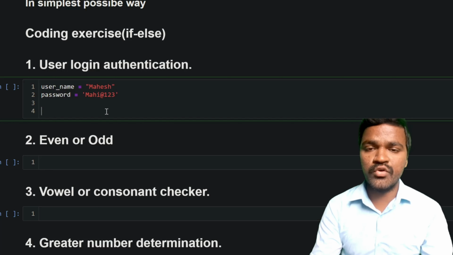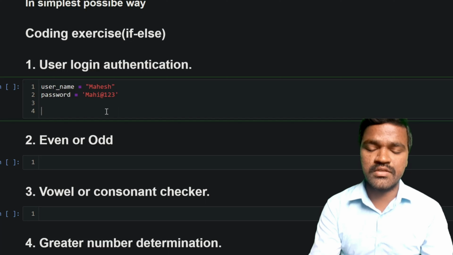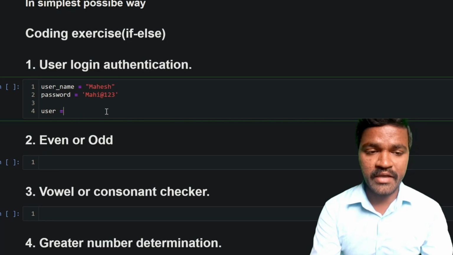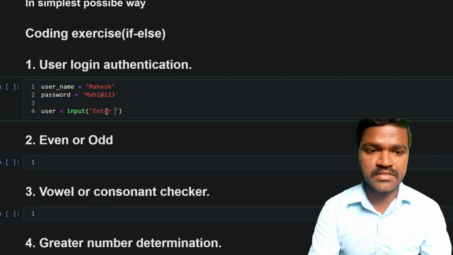Now what I am going to do is read the username and password from the user. For that, I am creating a variable user, and I am taking input from the user, giving the prompt as enter user name.